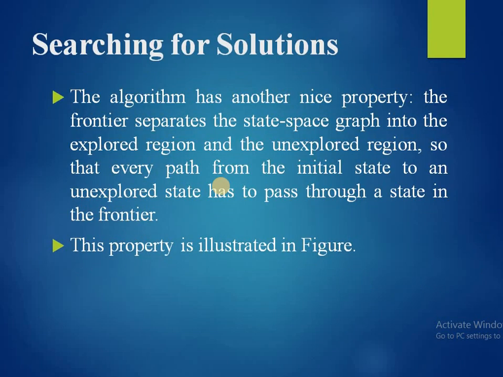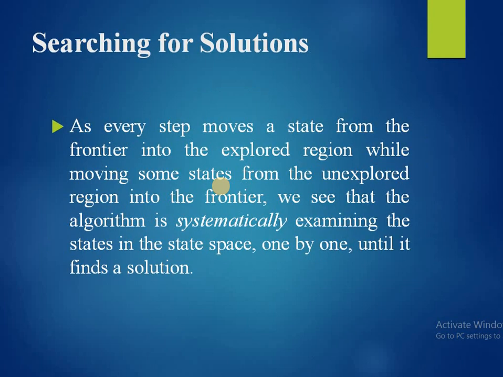The algorithm has another nice property: the frontier separates the state space graph into the explored region and the unexplored region, so that every path from the initial state to an unexplored state has to pass through a state in the frontier. This property is illustrated in the figure here.